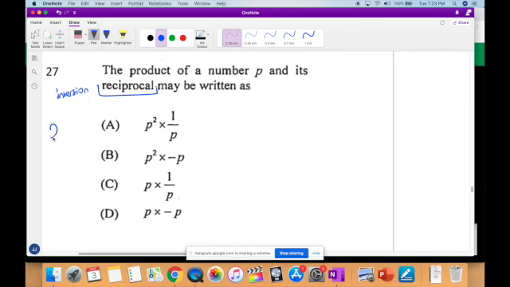So if I have a number 2, the reciprocal of 2 will be a half. Yes, when you quote unquote flip it, right? So essentially, we know we're multiplying a number p and its reciprocal. The reciprocal will be 1 over p, so p times 1 over p, right?